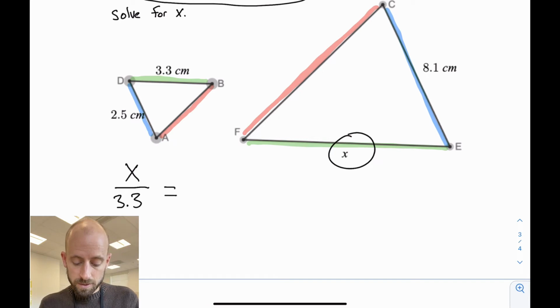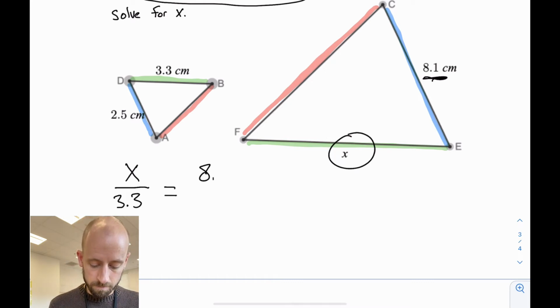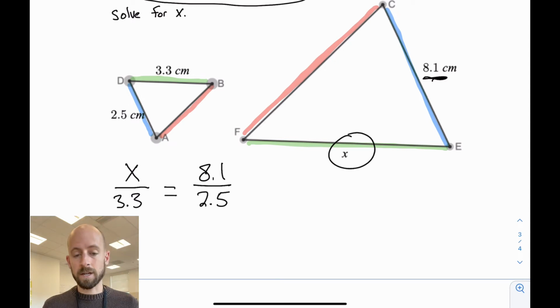So since I chose x over 3.3, I then need to choose from the big triangle 8.1 and divide that by 2.5 because I need to match up the blue sides. All sides are proportional in the same way. Those red sides, I don't actually know the numbers there, but if I had the numbers, I could have chosen that ratio instead. So you want to look for given information. 8.1 and 2.5 was given.